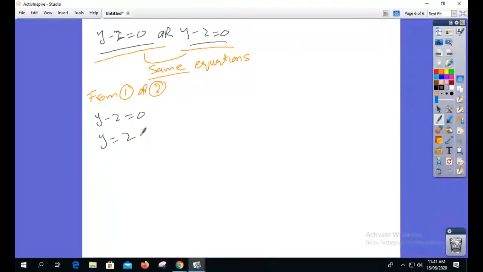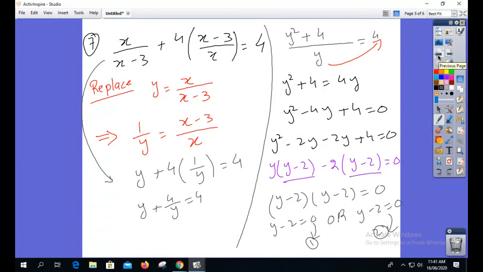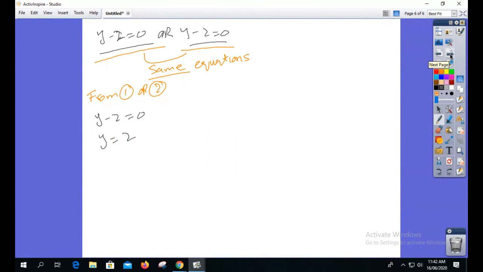What we have? Substitute. We substitute y equals to x by x minus 3. x by x minus 3 equals to 2. Multiply by this, we have x equals to 2 times x minus 3, 2x minus 6.